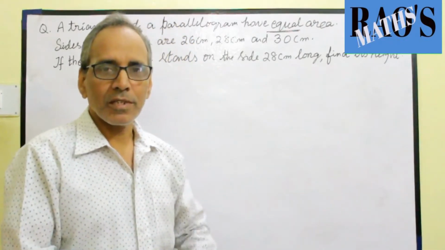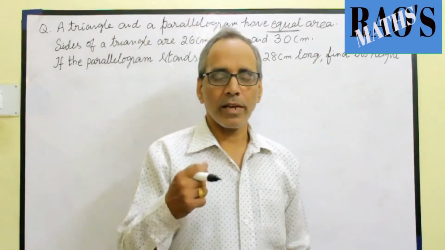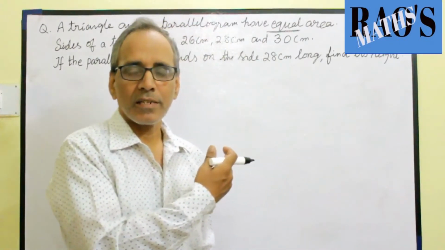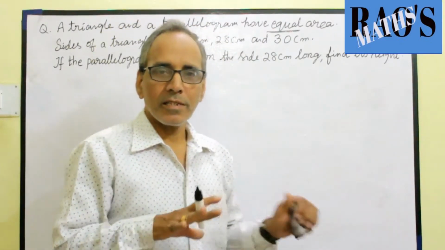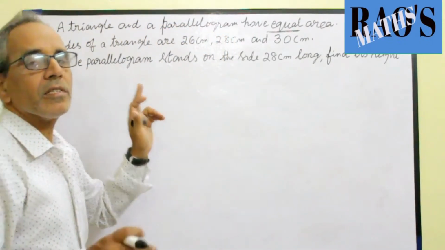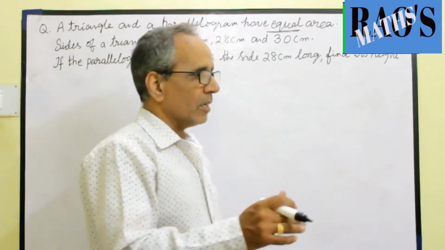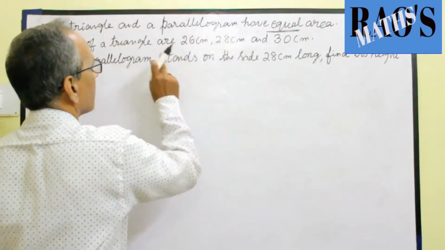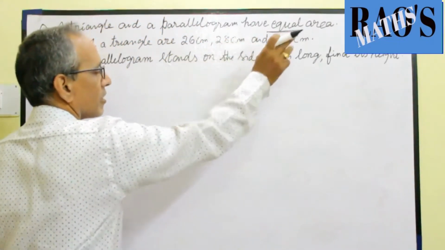Just like the previous question, where we found the height of the triangle, here we find the height of the parallelogram. Rest is the same. But you have to know the formula to find the area of the parallelogram, that is BH. Let's find out the area of the triangle first with the measurements 26, 28, 30.